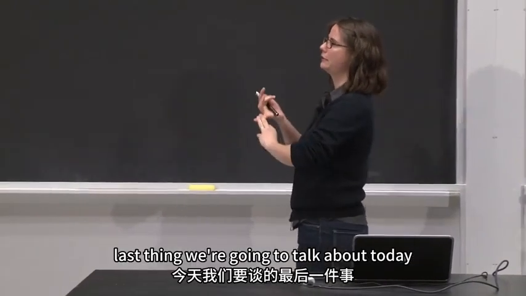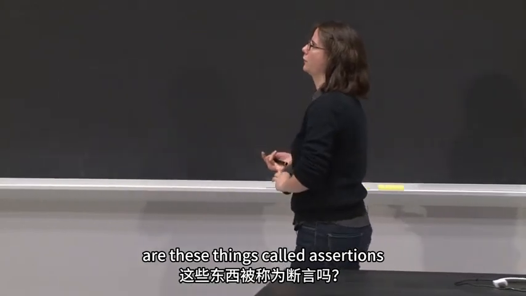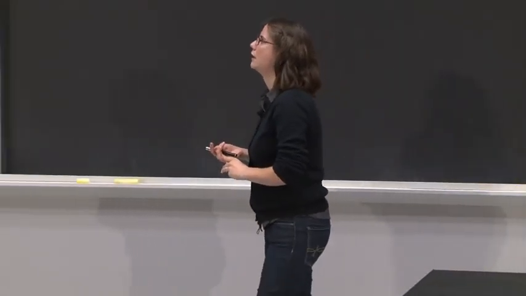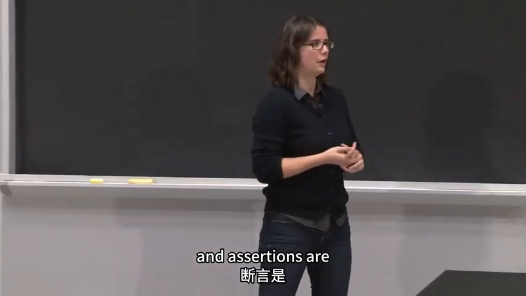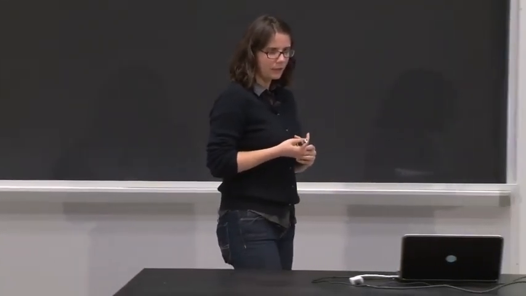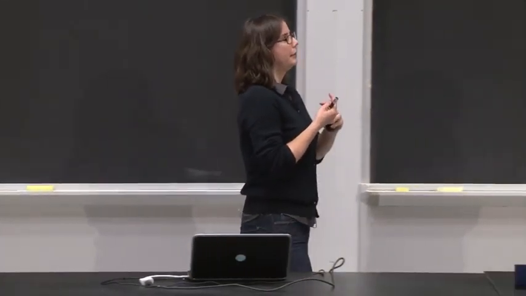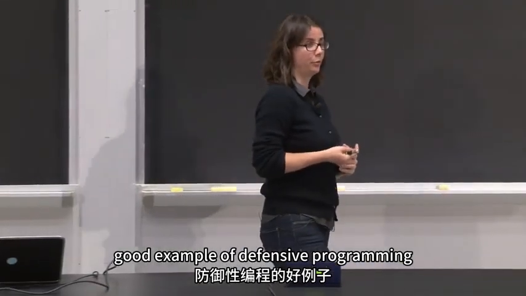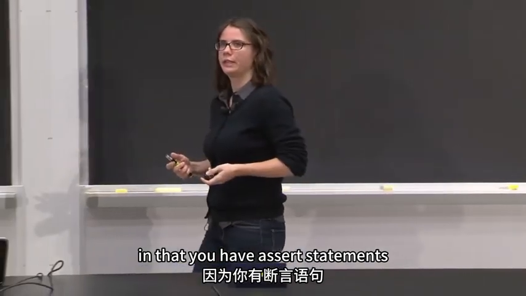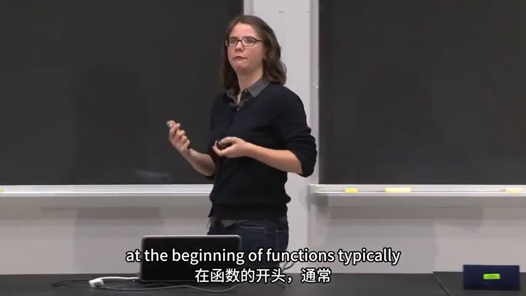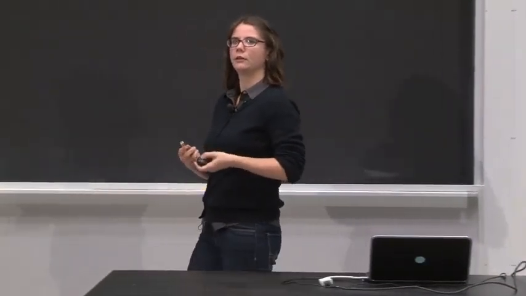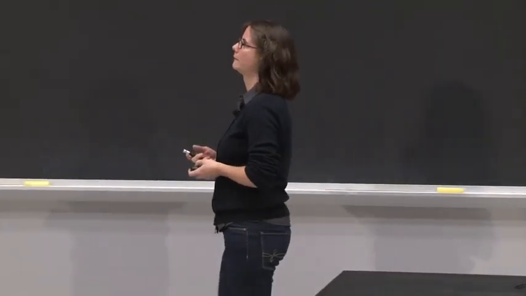Last thing we're going to talk about today are these things called assertions. Okay. And assertions are a good example of defensive programming in that you have assert statements at the beginning of functions, typically, or at the end of functions.